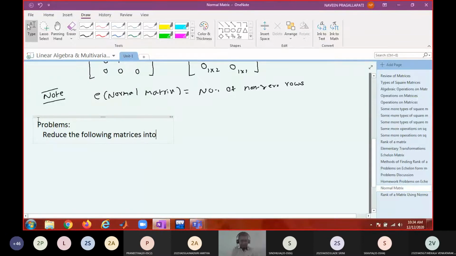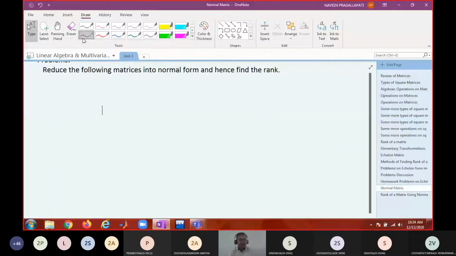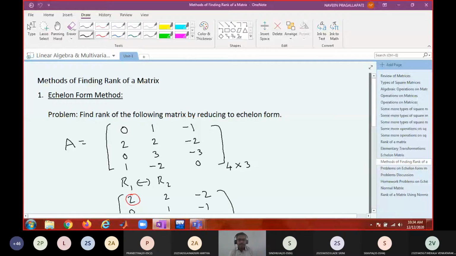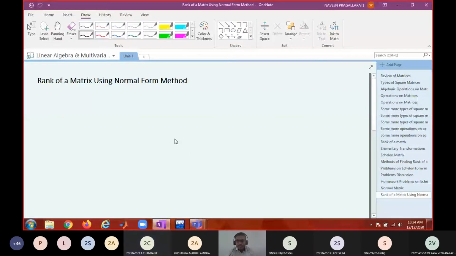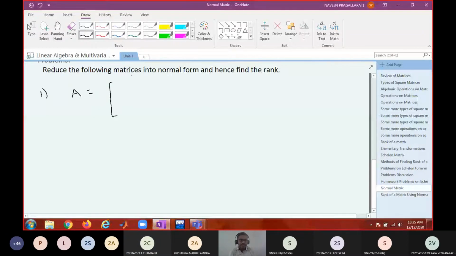So can you tell me the first matrix that we considered yesterday? It's a 4x3 matrix, if I remember. Can you read it out so that I will copy? What is the first row? 0, 1, minus 1.